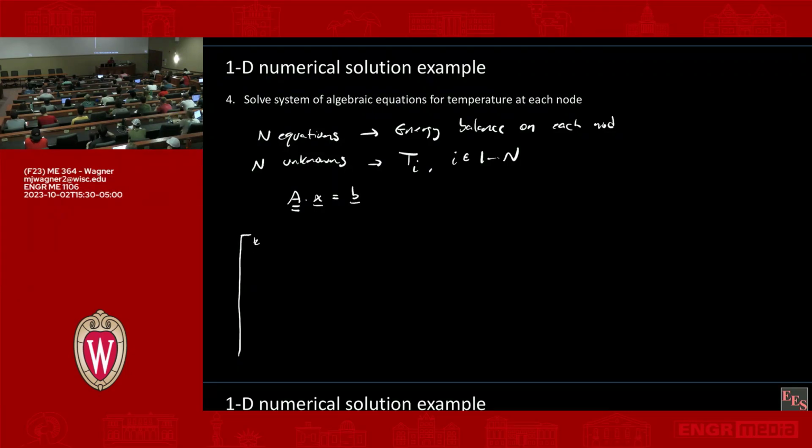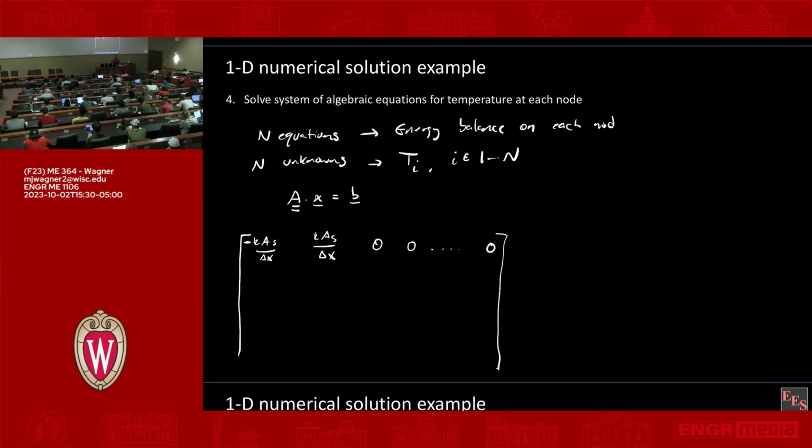Coefficient 1 would be k times A_s over delta x. The second coefficient would be k times A_s over delta x. Sorry, this should be minus. So that first upper left is what's multiplying T1, and the second is what's multiplying T2 in our first equation. Then there's nothing else, no other temperatures appear on the left node, so there's a bunch of zeros.